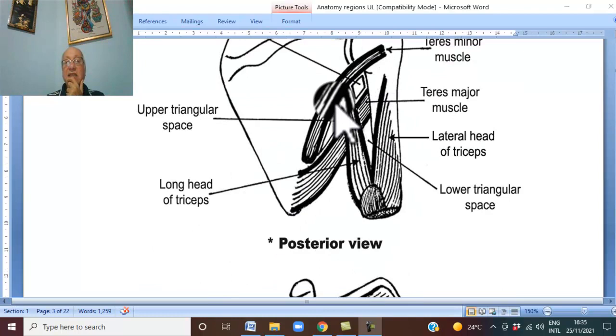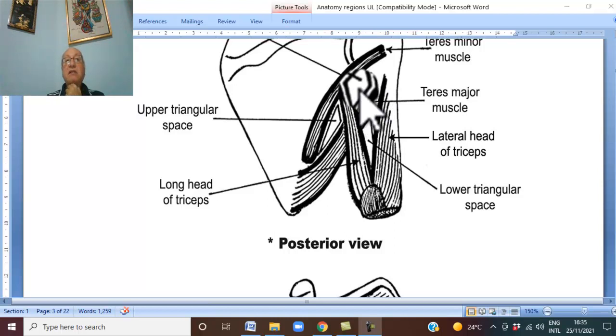Posteriorly, bounded by teres minor. From below, the boundary of the quadrangular space is teres major. Medially, it is bounded by the long head of triceps. Laterally, it is bounded by the surgical neck of the humerus.